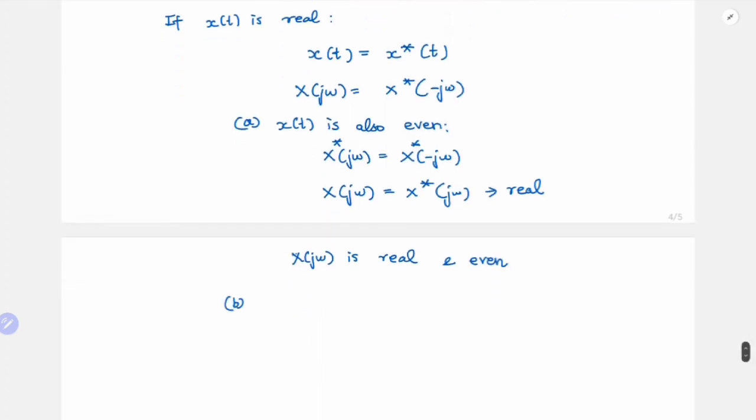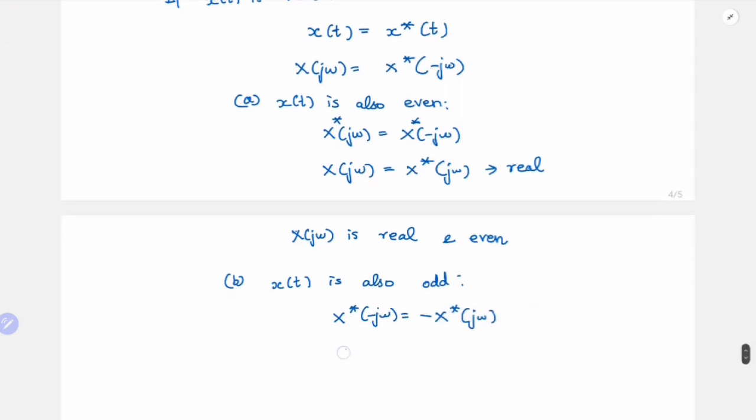In the next case, x of t is real and it is also odd. What happens in that case? We have x star of minus j omega equal to minus x star of j omega, right? So we have x of j omega equal to minus x star of j omega.